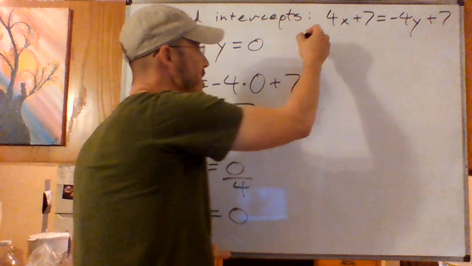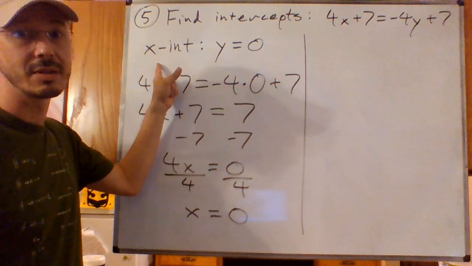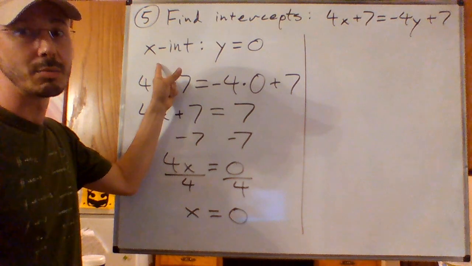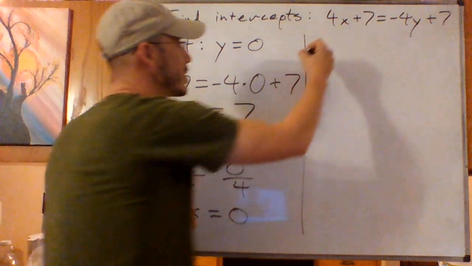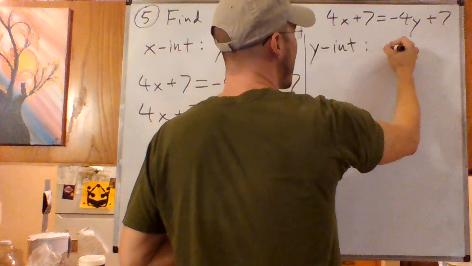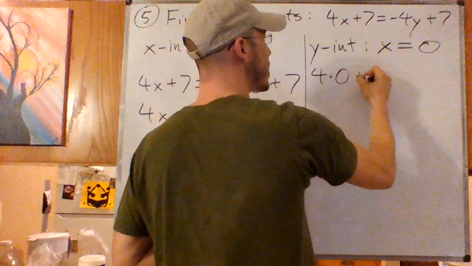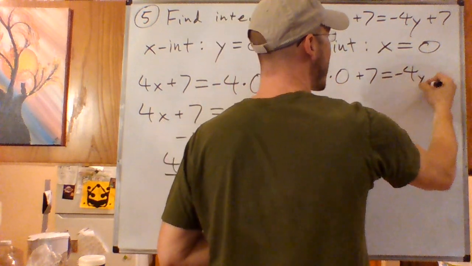Now I can do this again and find the y-intercept, but it's not really going to help. Let's look at what it looks like anyway. The y-intercept, I'll set x equal to 0, so I have 4 times 0 plus 7 equals negative 4y plus 7.